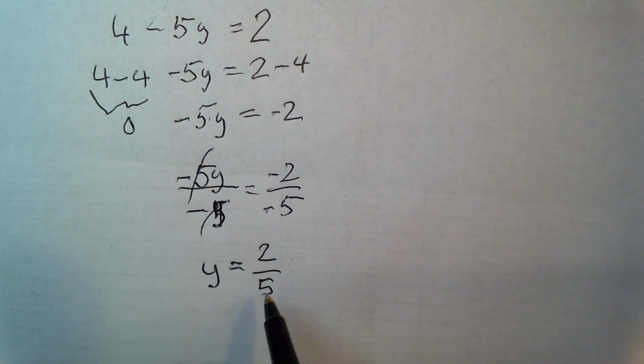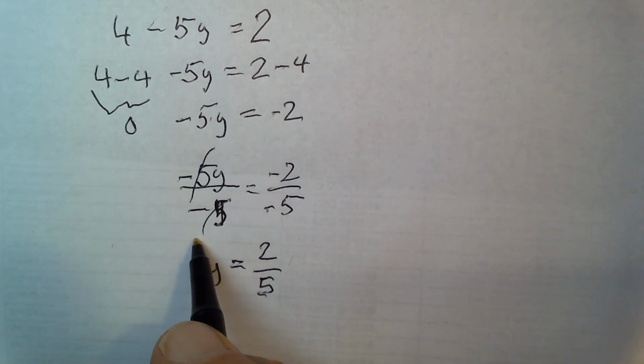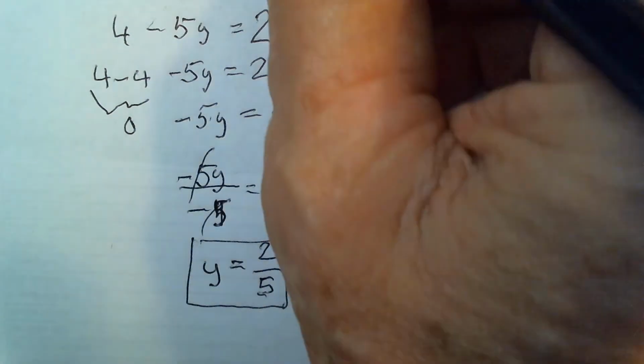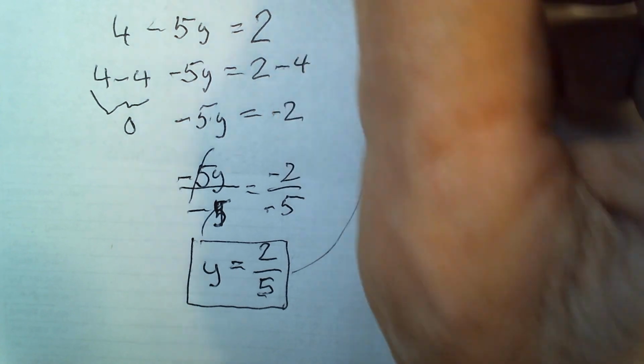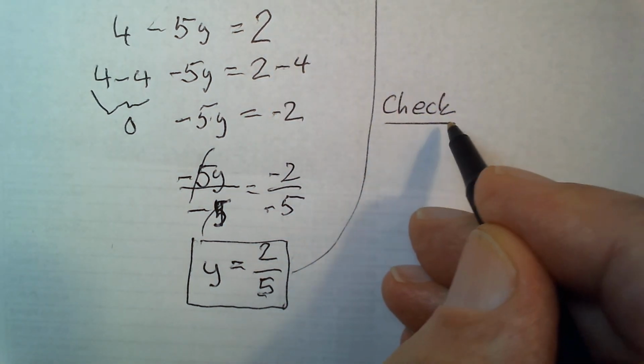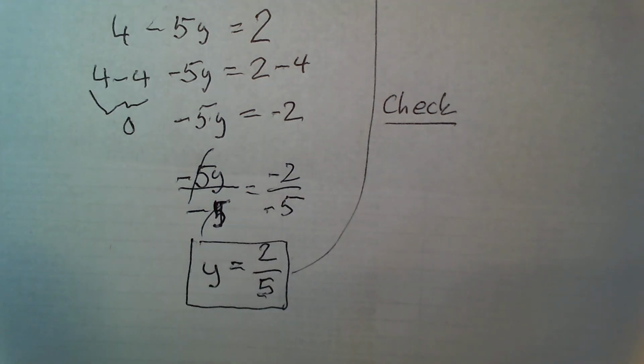And as I mentioned before, I recommend you substitute this value for y in the original equation to check your answer. I recommend you make it a habit. It'll save you a lot of grief later on if you make a habit of it.